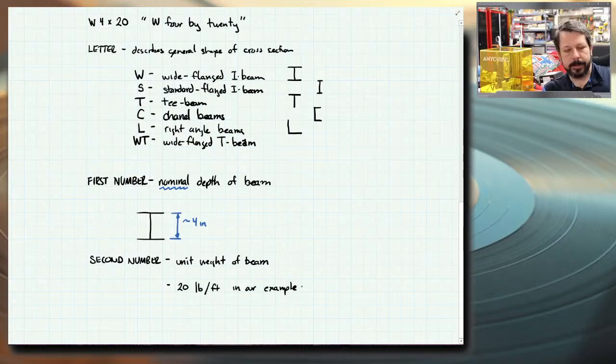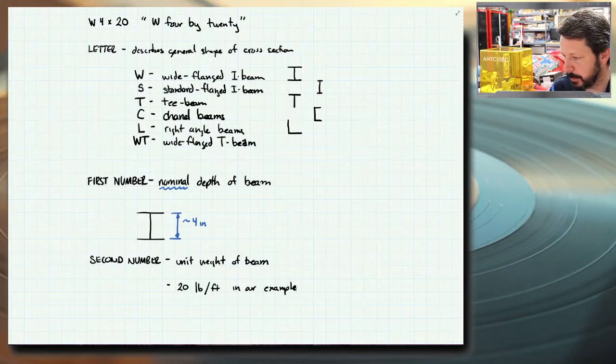So that would mean that if you had a 10-foot long beam, it weighs 200 pounds. And so that designation gives you a lot of information. It doesn't give you detailed information like in the charts. You've got all sorts of detailed information, but it gives you a pretty good idea of what this beam looks like.